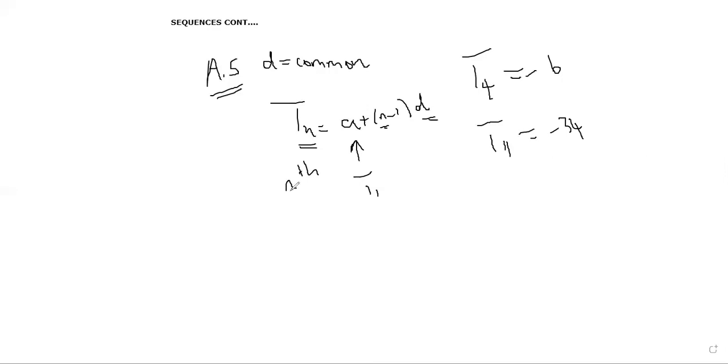So when they say to you determine the sequence, always you give them a minimum of the first 3 terms, right? Always give them the first 3 terms.